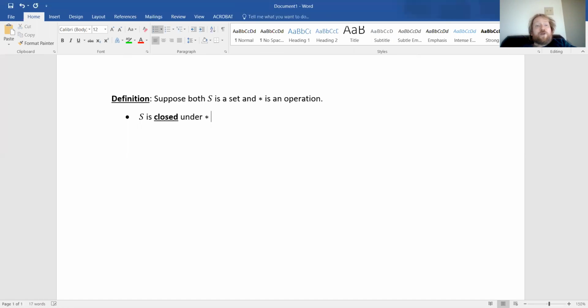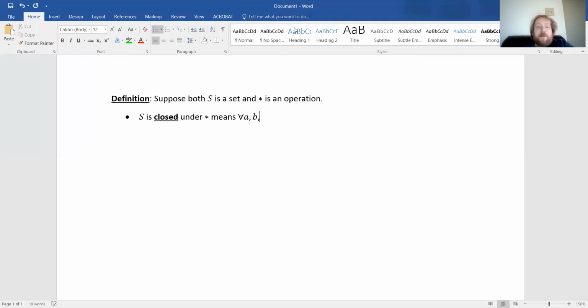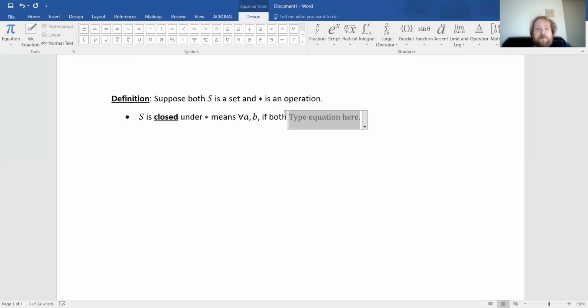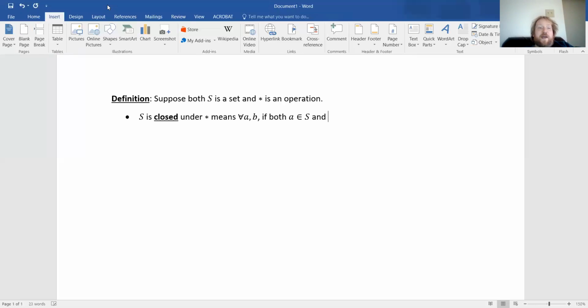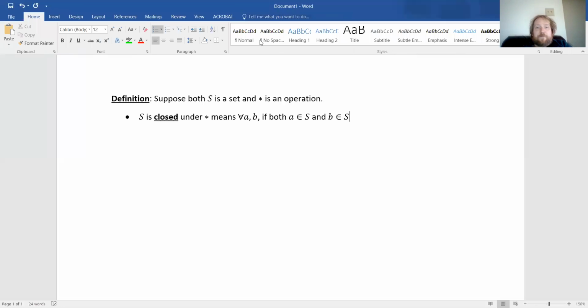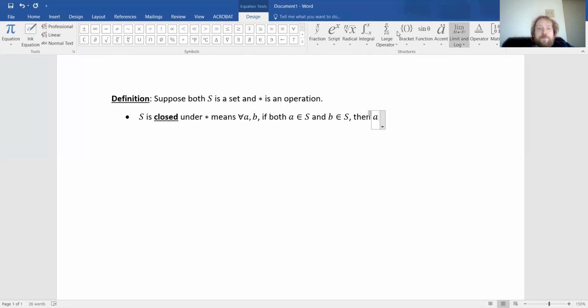So S is closed under star means for every pair of elements A and B, if both A is a member of the set and B is a member of the set, then A star B is also a member of the set.